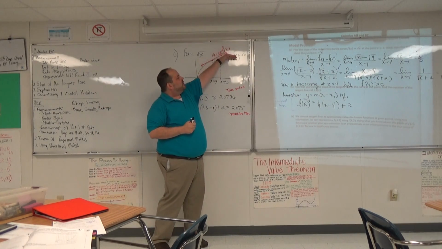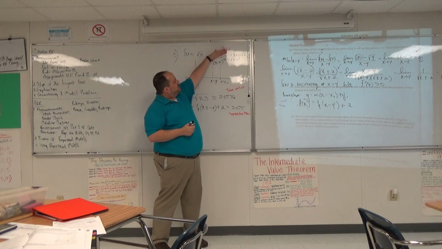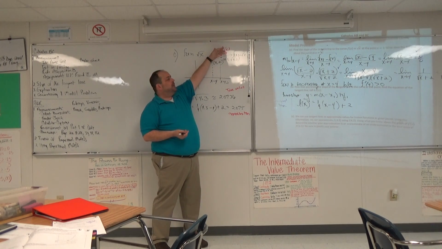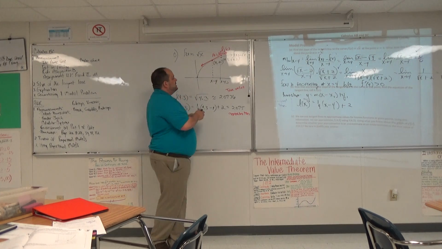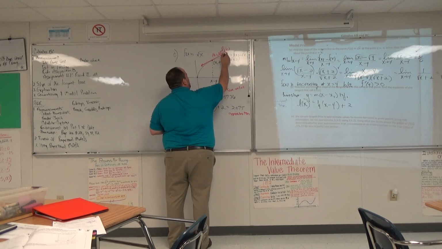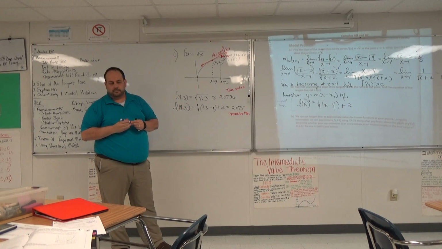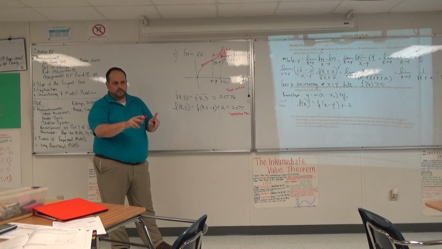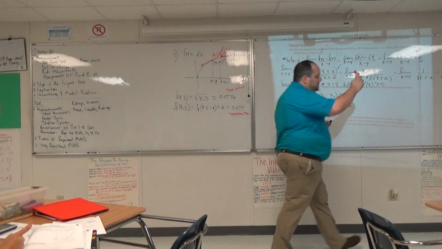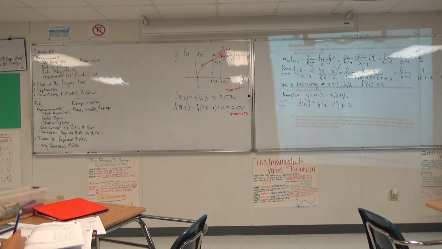Because of the way the curve is bending, the tangent line is above the curve, which is going to give me an overestimate. This little vertical gap is going to be your error. Everybody okay? All right.